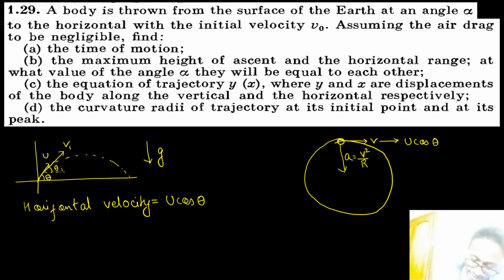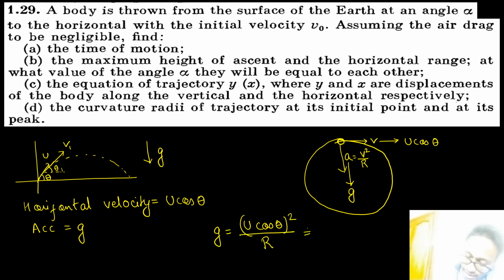And what's the acceleration out here? The acceleration at any point is equal to g. So can I use this formula and write g is equal to v square, what is v square? u cos theta whole square, divided by radius of curvature.